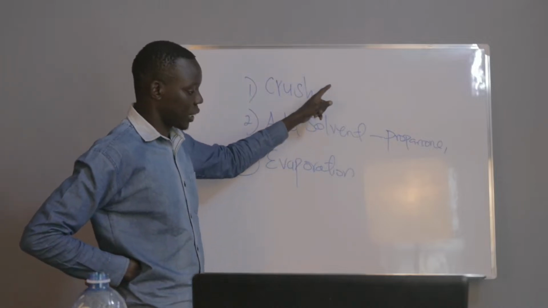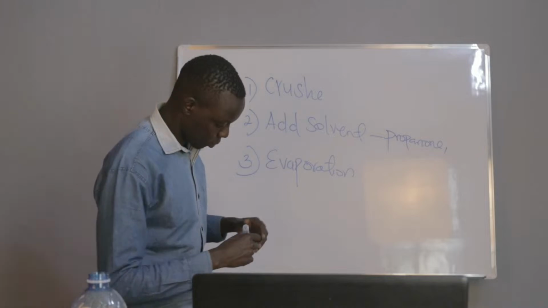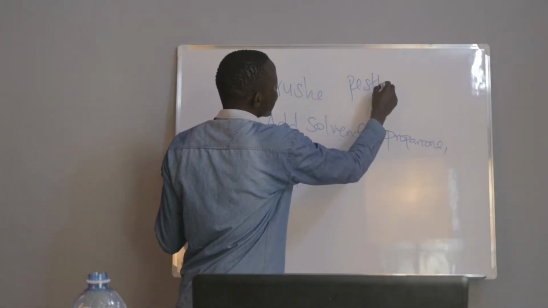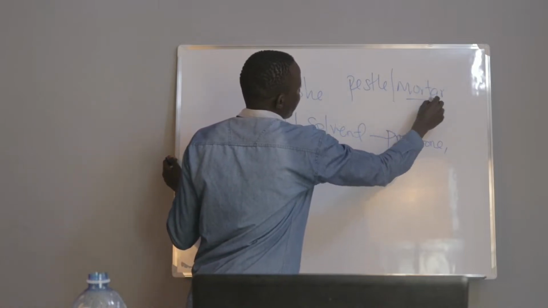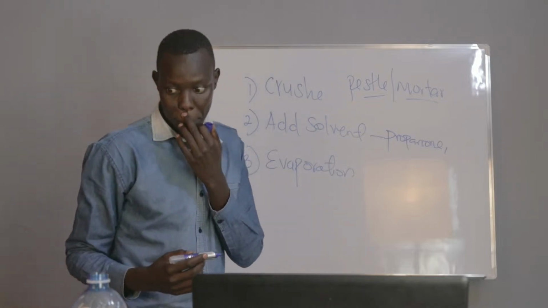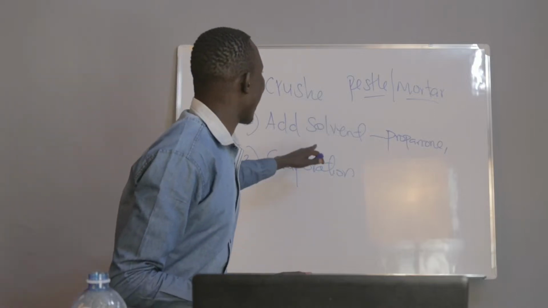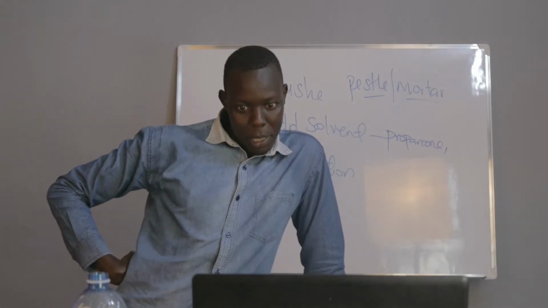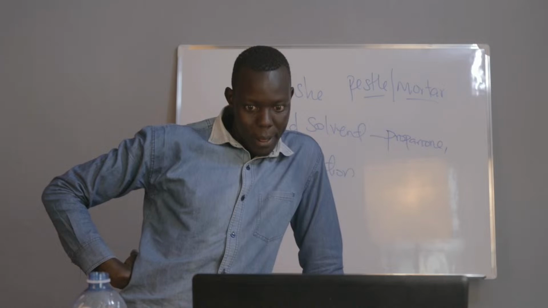So we start by crushing. Okay, if we are doing it in the lab, in a demonstration, we will crush using pestle and mortar. We crush using pestle and mortar, then we add solvent. Let me ask another question. Why do we have to crush before adding a solvent? Wahome?